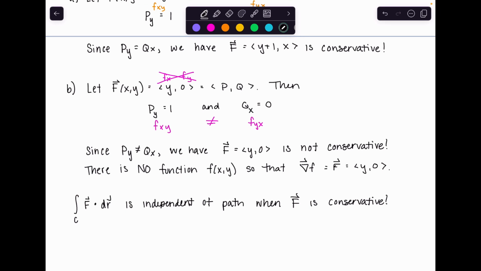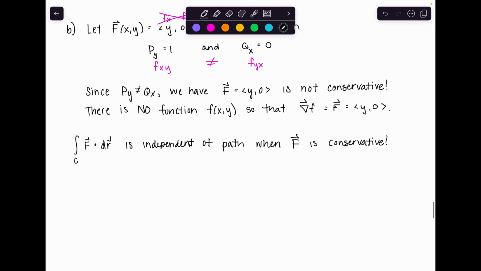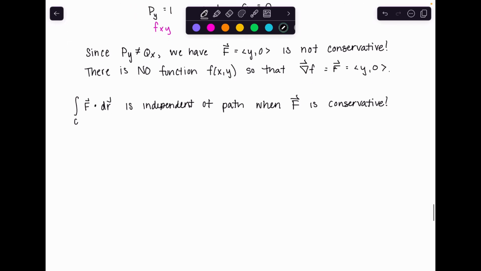Okay. So make life a lot easier. We don't have to go through and parameterize any curve. We just find this potential function. So this is exactly what the fundamental theorem of line integrals tells you.